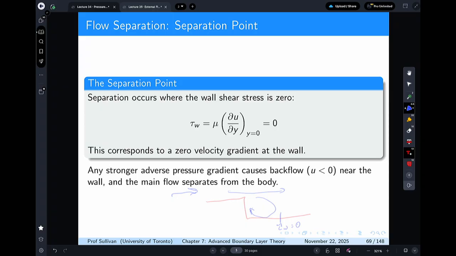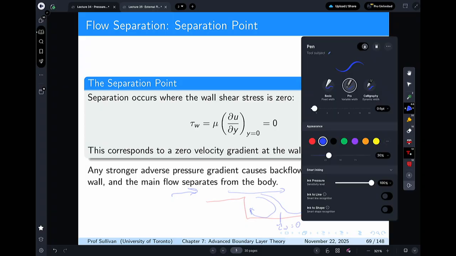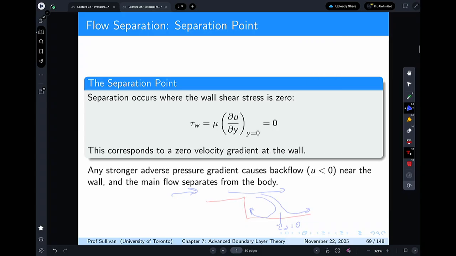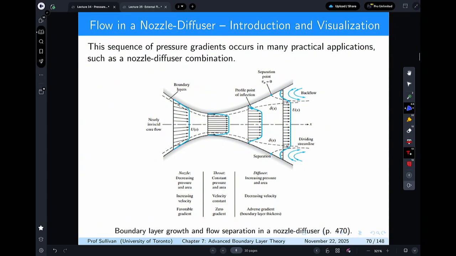And so we use that as an indicator of what's happening.